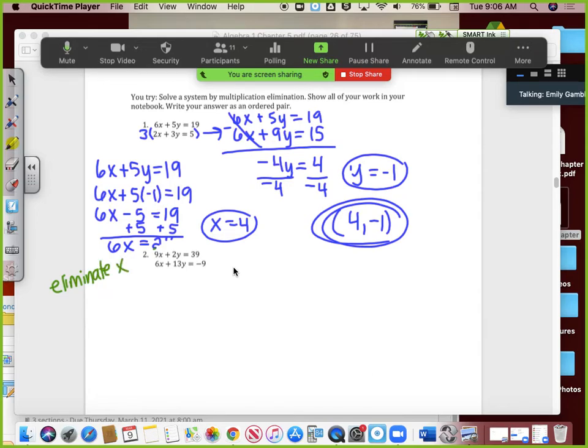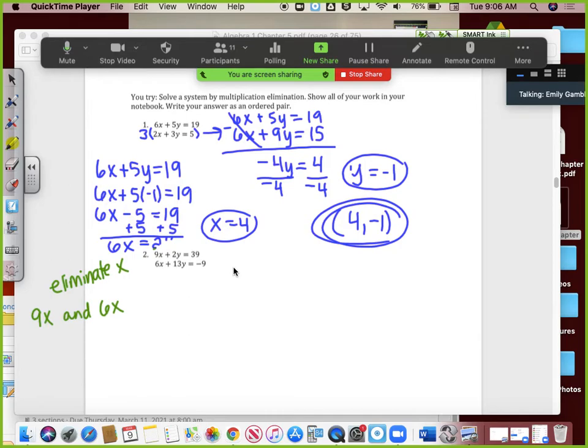So what I'm going to do is eliminate x, which means I'm looking at 9x and 6x and looking for the least common multiple. You could always multiply 9 and 6, get 54, and turn everything into that, but I actually think that you would want to use as small a number as possible.